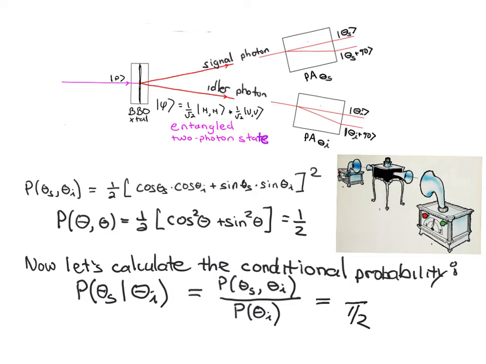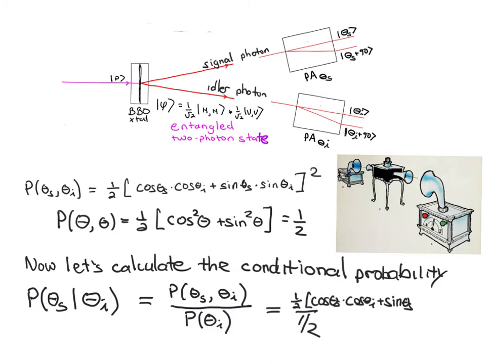The denominator here is just a half, and the numerator we just showed is equal to 1/2 times the quantity in square brackets squared: cos theta sub s, cos theta sub I, plus sine theta sub s, sine theta sub I. Ran out of room there, so we could fix that.